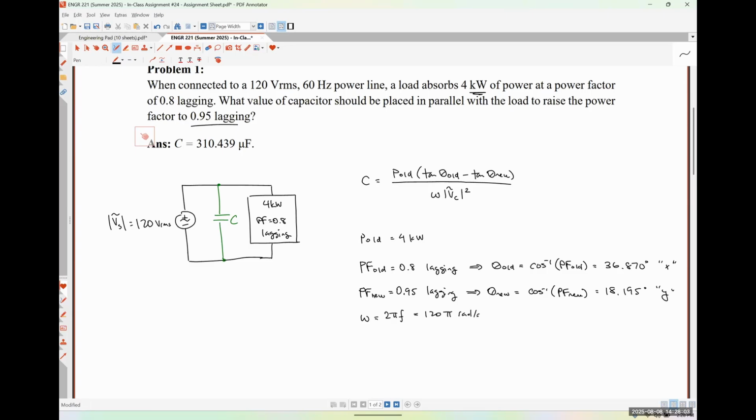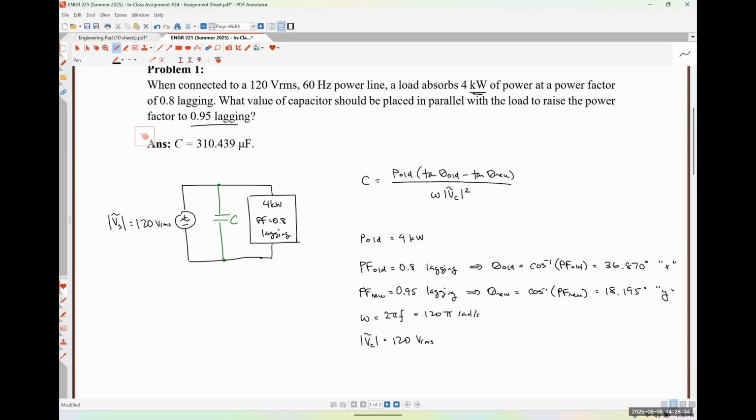Okay, the last thing that we need is the voltage drop across the capacitor, and we only need the magnitude of that. So were we given that information? Yes, it's just 120 volts RMS. So now all we do is just plug that stuff into our equation and it spits out the answer of the size of the capacitor that we need to hit this particular target power factor, right?